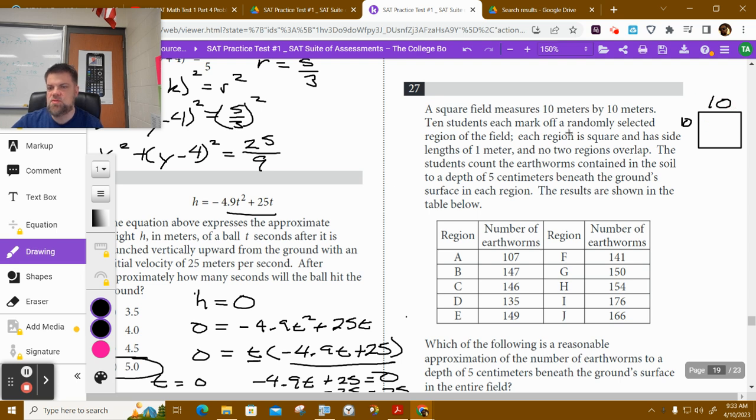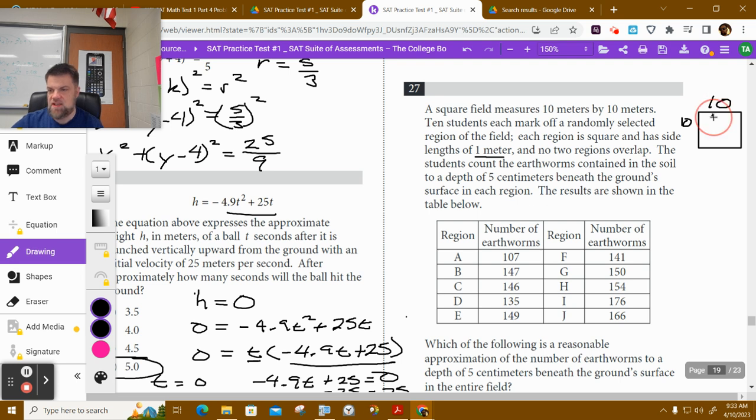It says 10 students mark off a randomly selected region of the field. The region is square and has lengths of 1 meter, and no two regions overlap. The students count the earthworms contained in the soil to the depths of 5 centimeters beneath the ground surface in each region.